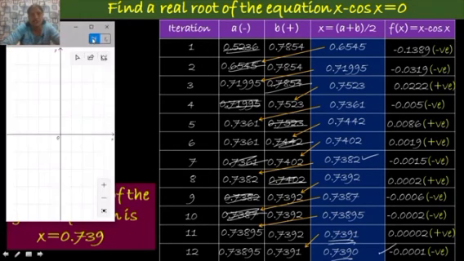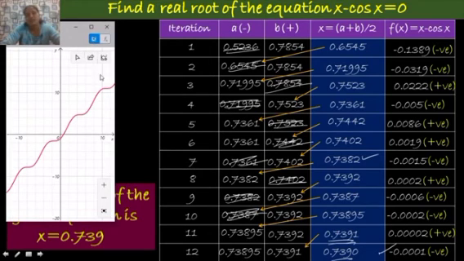So, if you plot this in a graph sheet, the curve looks like this. So, it cuts both the x-axis and y-axis. Where it cuts the x-axis gives you the root of the equation. That is, the x-intercept always gives you the root of the equation.